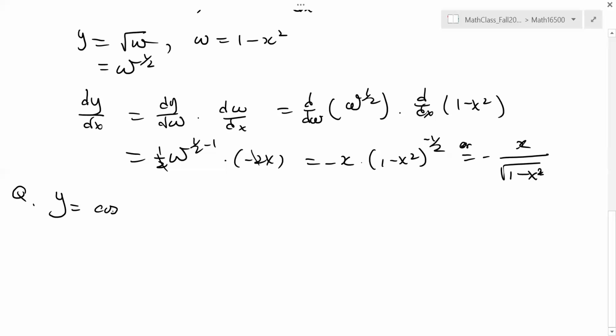And then we want to find out the derivative of cosine. I'm going to put cosine x. Okay. Find the derivative of y with respect to x.